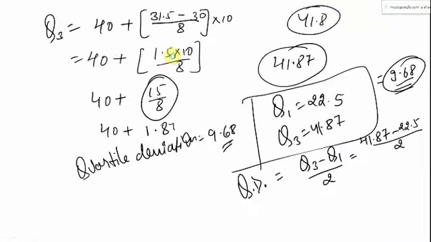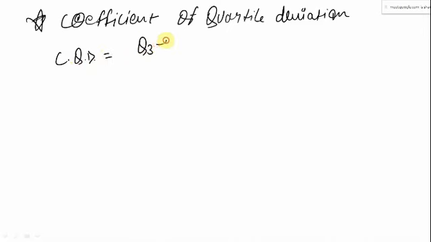So now we have done quartile deviation. So coefficient of quartile deviation is equal to Q3 minus Q1 upon 2, that is the quartile deviation, divided by Q3 plus Q1 upon 2.